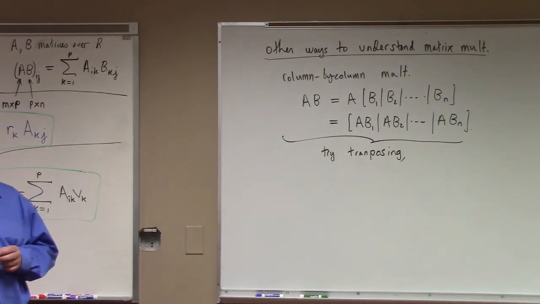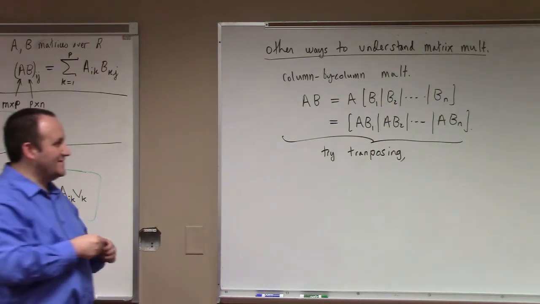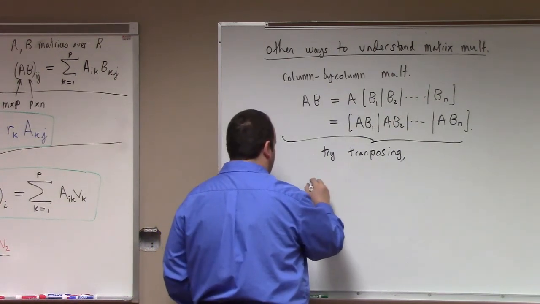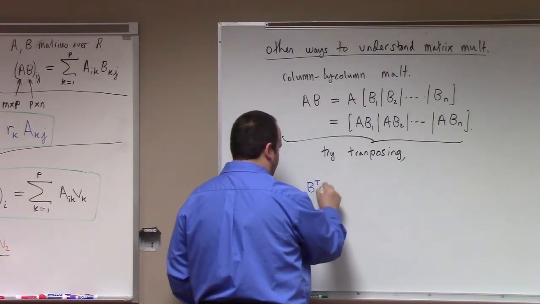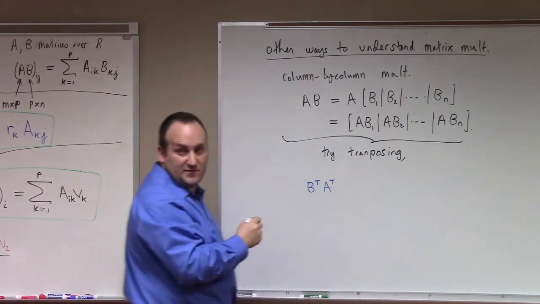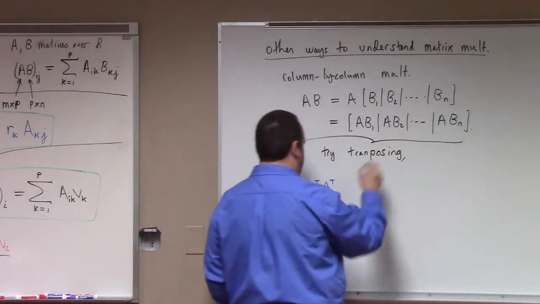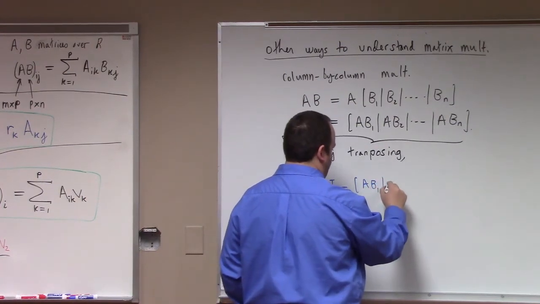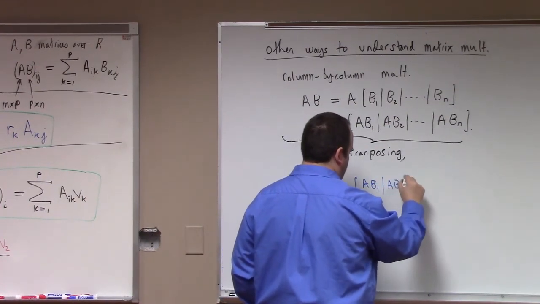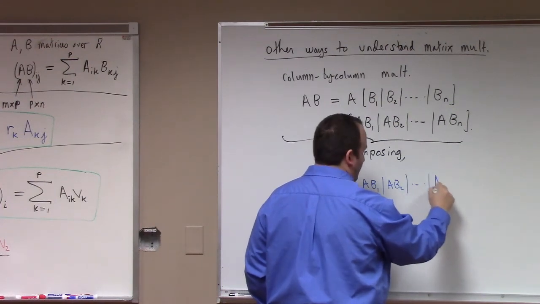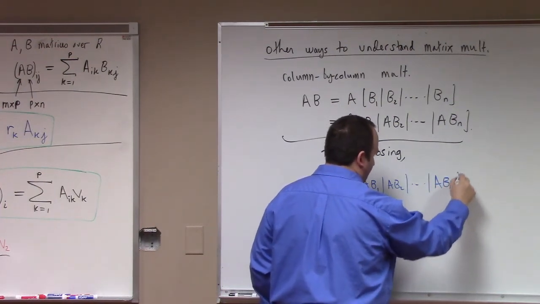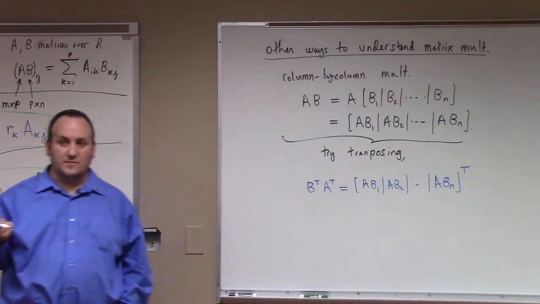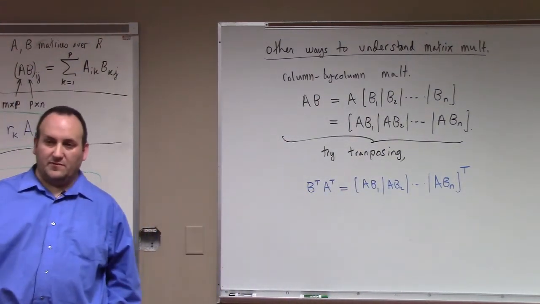Yep. Let's see here. Let me write it out. So you're saying we take the transpose, we get B transpose, A transpose on the left-hand side, by socks shoes. And then this one is what? All that transpose, right? So what's that mean? What happens when you transpose a matrix? If you think about it at the level of rows and columns, it changes each column to the corresponding row.